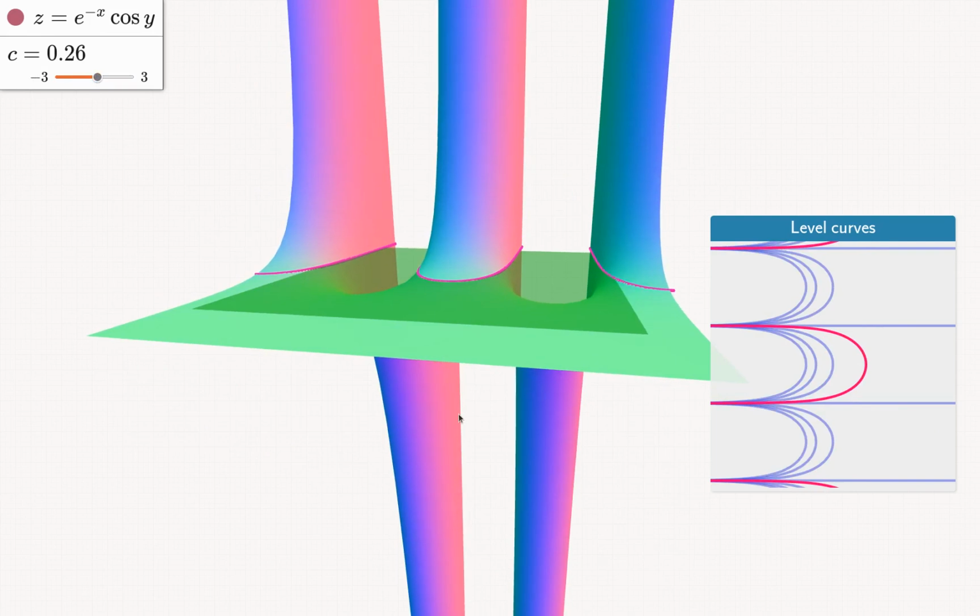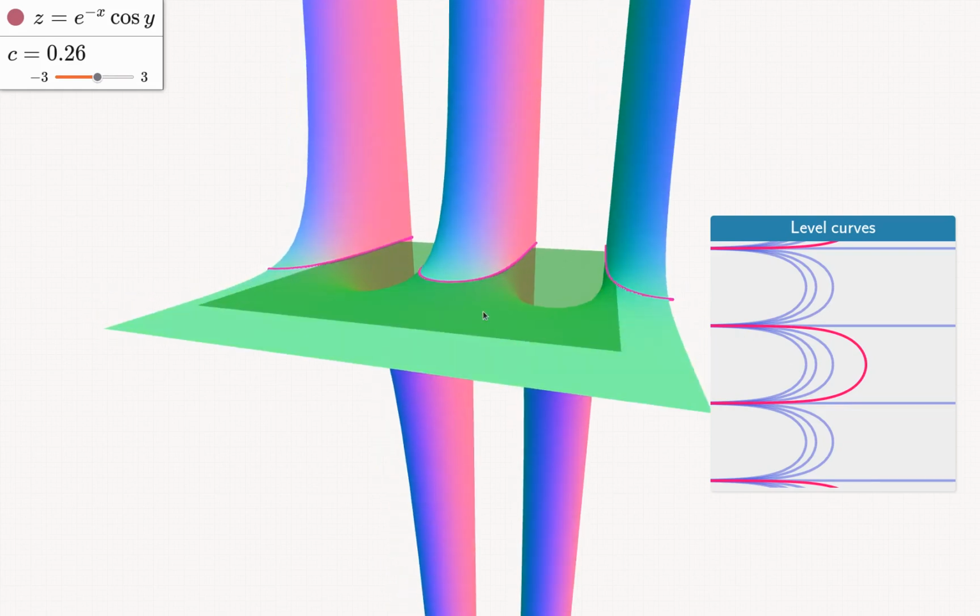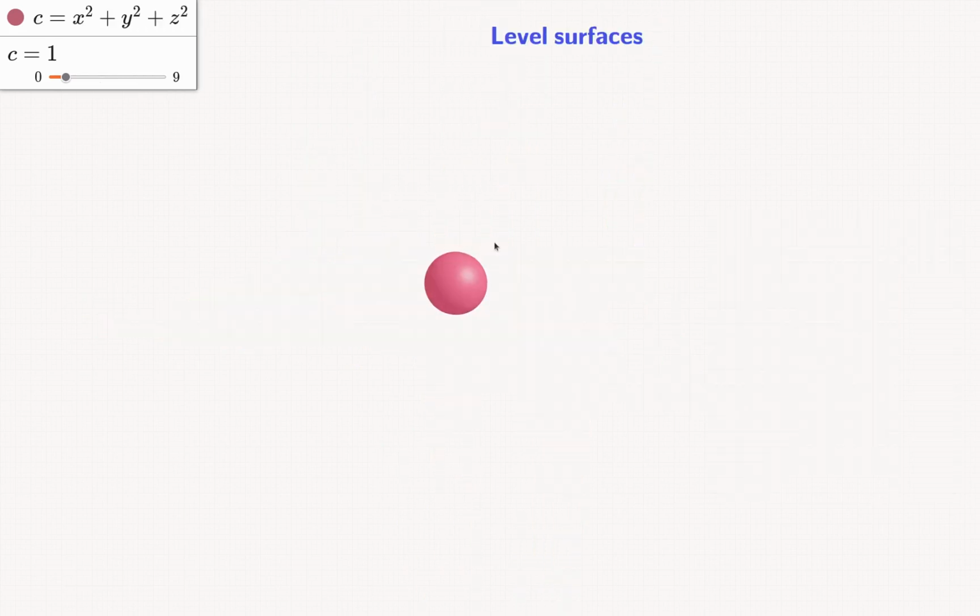So the level curves are particularly useful because they lend themselves to a generalization to the next dimension up, which this doesn't quite. So if we now have a function of 3 variables, so let's say x squared plus y squared plus z squared, we don't really have a 4th dimension in which to plot that.